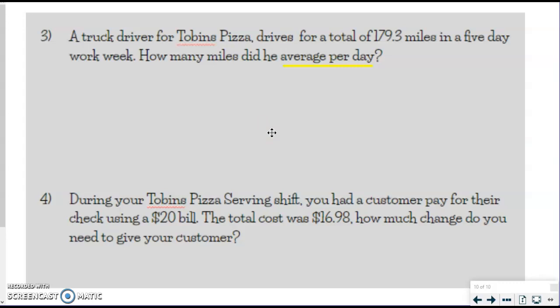Those are the two choices. Well, because of this word total here, you may want to underline that. Because of this word total here, that means I'm starting with this amount and I'm breaking it down per day. So I want to know on an individual day, I know how many you did total in all 5 days, but on just one of those days, about the average of how many miles he went. So this is a division problem. You're breaking it down. You're not taking the 5 times that total miles. You already know the total, so you're working backwards.